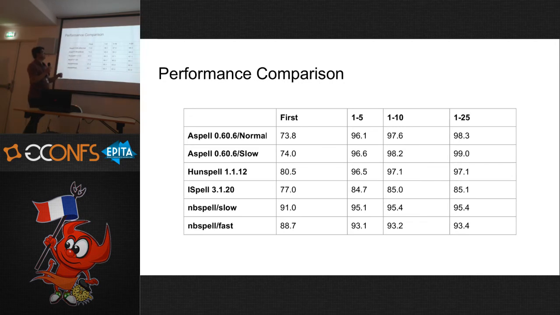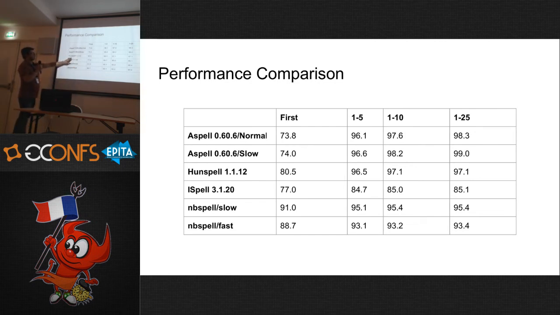So for the first position, ASpell gets around 73 or 74% accuracy, but if we go to the top 5, ASpell gets much better, so it jumps to 96.1. And in the top 10, it goes to 97 and then 98. The slow version is slightly better. It has 74 and then 96.6.